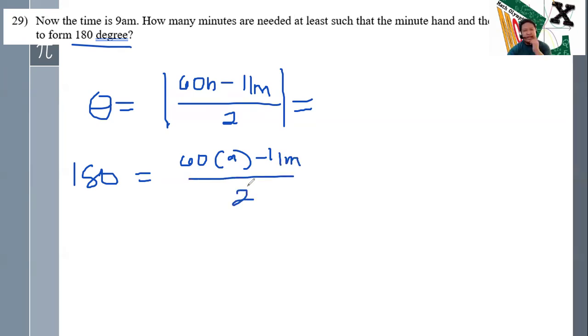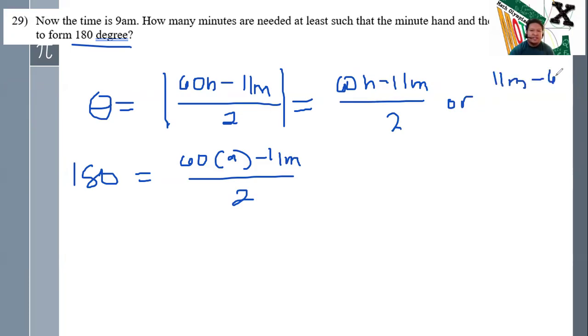For those who don't know the absolute value, the meaning of that is there are two cases: either 60h minus 11m divided by 2, or the other case, 11m minus 60h divided by 2. We'll use those as cases so that we will know the earliest time.